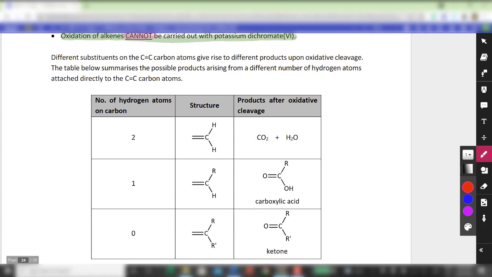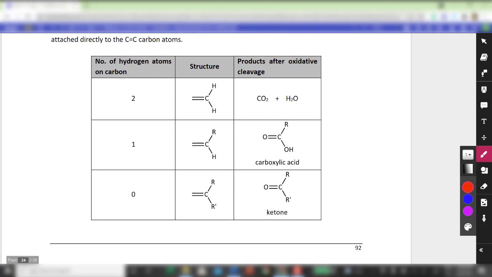Now I'm going to go through with you some of the important things regarding oxidative cleavage, and hopefully you will find them useful, because the prediction of oxidative cleavage products will remain as maybe one of the most challenging parts in your studies of this particular topic.